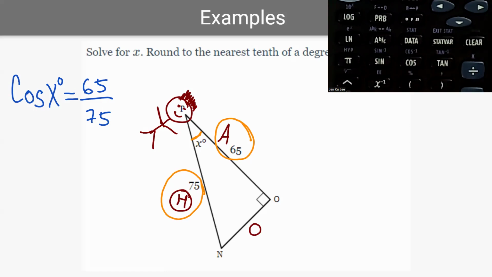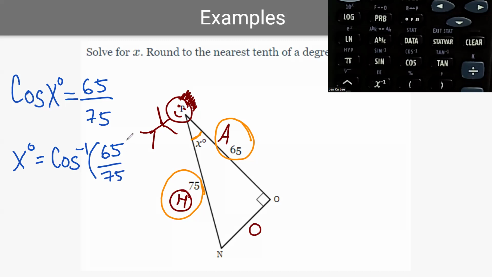It's the inverse of sine, cosine, and tangent. So algebraically, if we want to solve for x degrees, x is going to equal cosine inverse of 65 over 75. We're going to type that into our calculator.